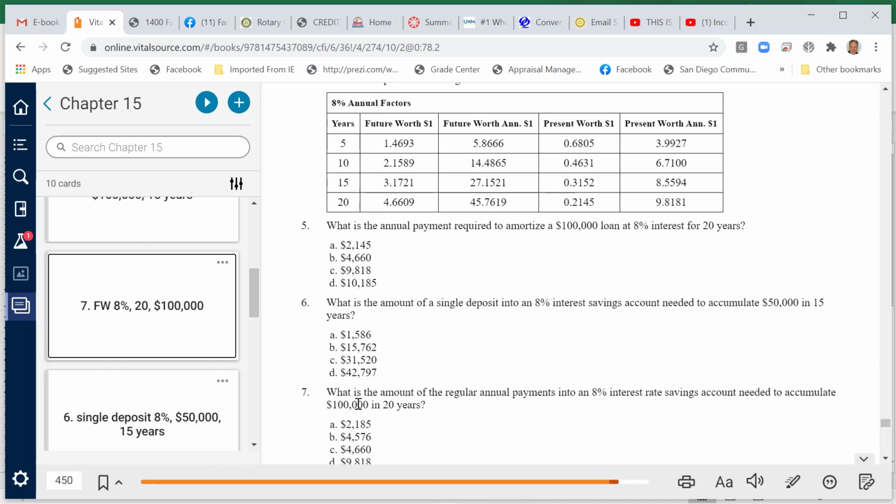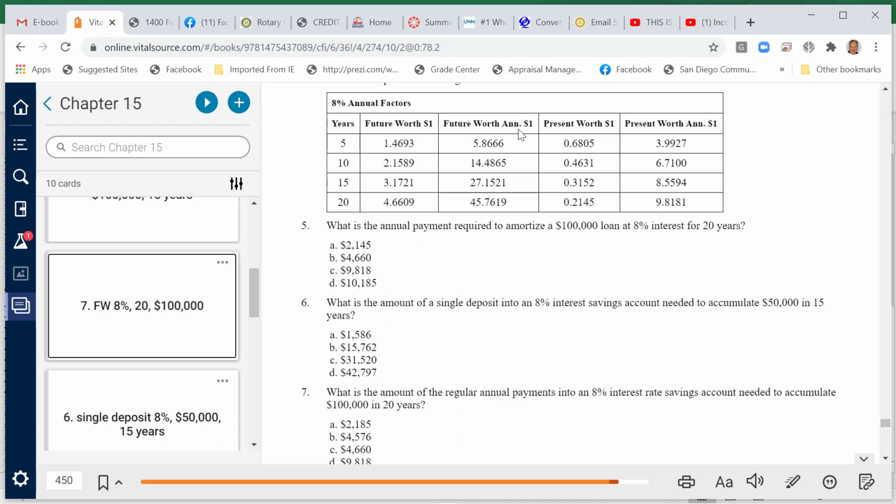Number 7, let's read first. What is the amount of regular annual payments into an 8% interest savings account needed to accumulate $100,000 in 20 years? So we're talking regular annual payments, and we're looking for the future worth of $100,000.